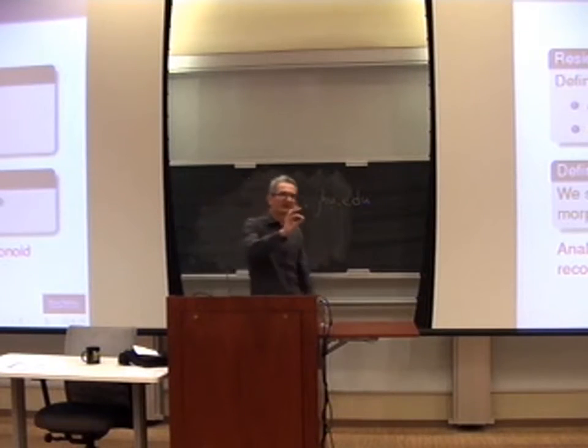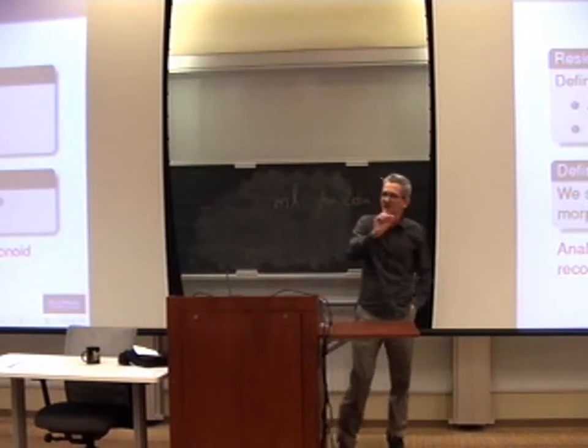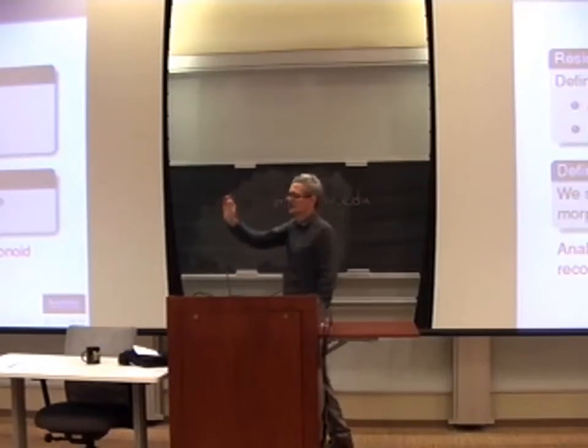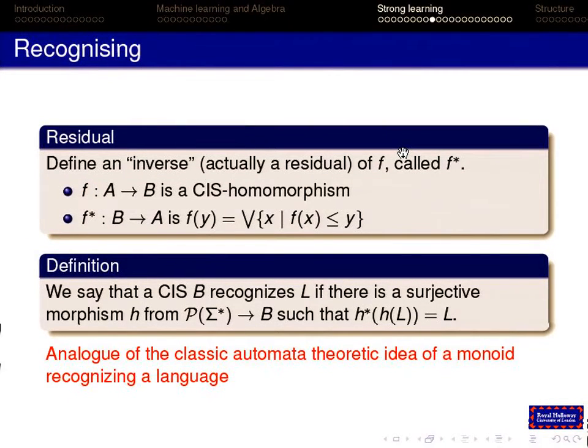We pick the element that corresponds to the language we're interested in. That is going to be mapped to some element in B. And the question is, does that correspond just to L or to some larger set? This is an analog of the classic automata-theoretic idea of a monoid recognizing a language, which I assume most people aren't that familiar with, but I'm just bringing it out.